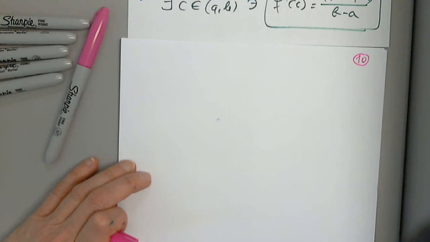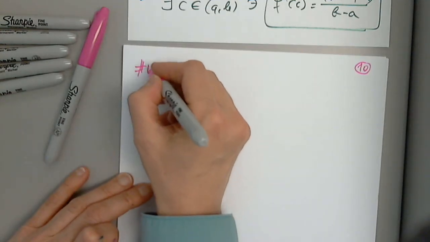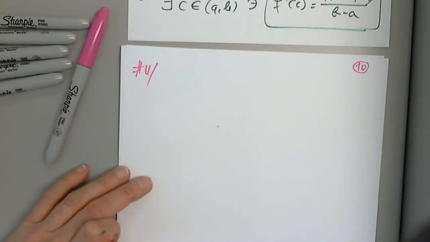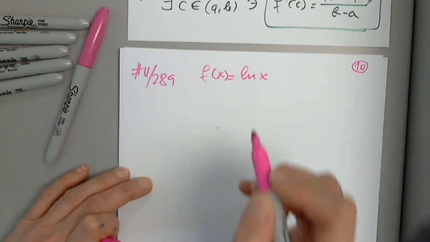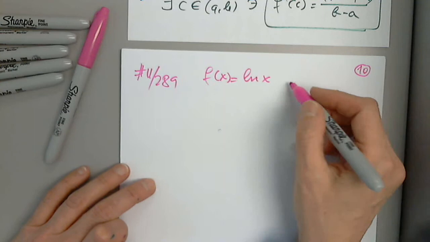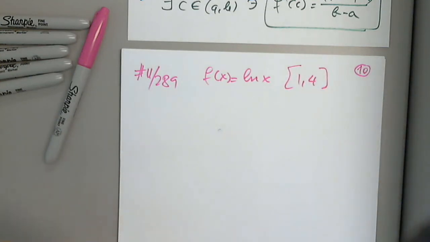So natural log is number 11 on page 289. We have f of x, which is natural log x. The interval is given to us, 1, 4. So we're asked to verify the hypothesis of the mean value theorem. How many hypotheses? Rolle's theorem has 3. Mean value theorem has only 2. It does not restrict with a third one.